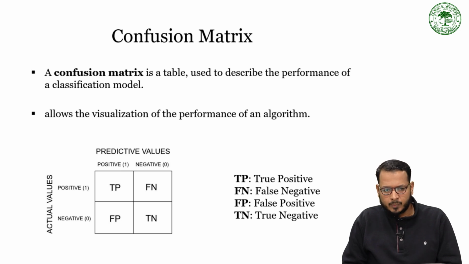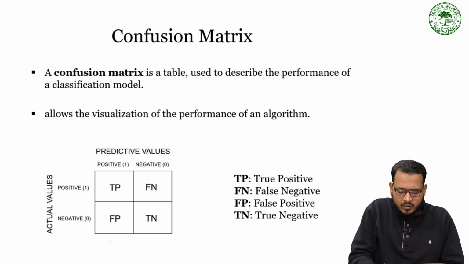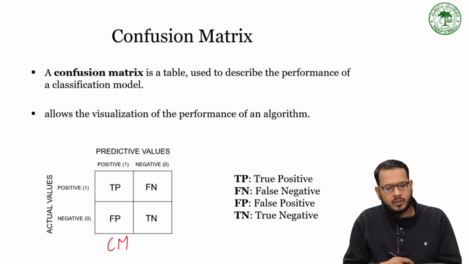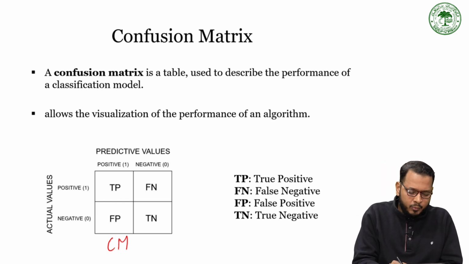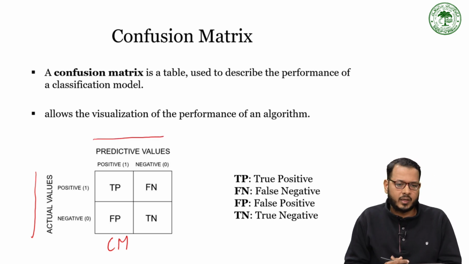A confusion matrix is a table which describes the performance of the classification model. It allows the visualization of the performance of an algorithm. Here you see this is a confusion matrix. In this matrix, we put actual values on one side and predicted values on another side.